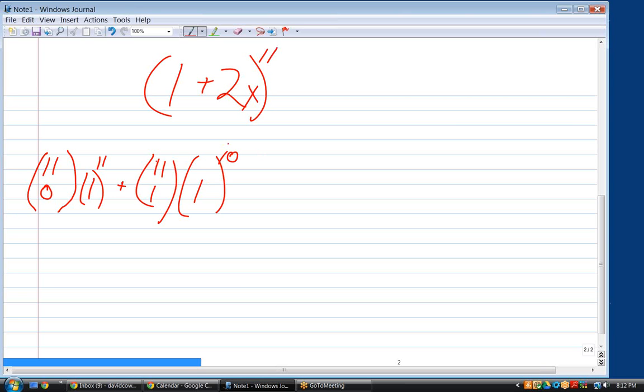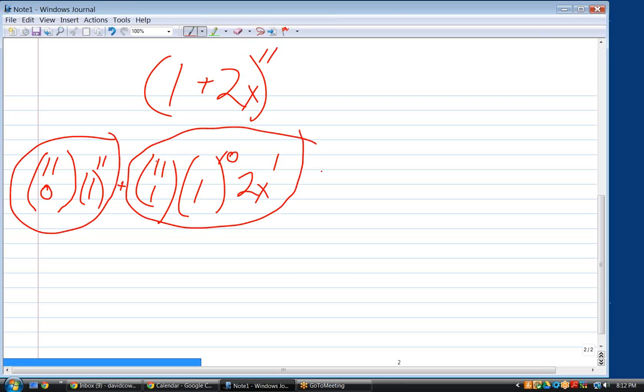In other words, this is n minus 1 and n is 11, so it's to the 10th. And then we pick up the second term, the b term. In this case, 2x to what power? The first power? Yes. In other words, the second term of the series always is the second term to the first power. So here's the first term of our series. Here's the second term of our series.